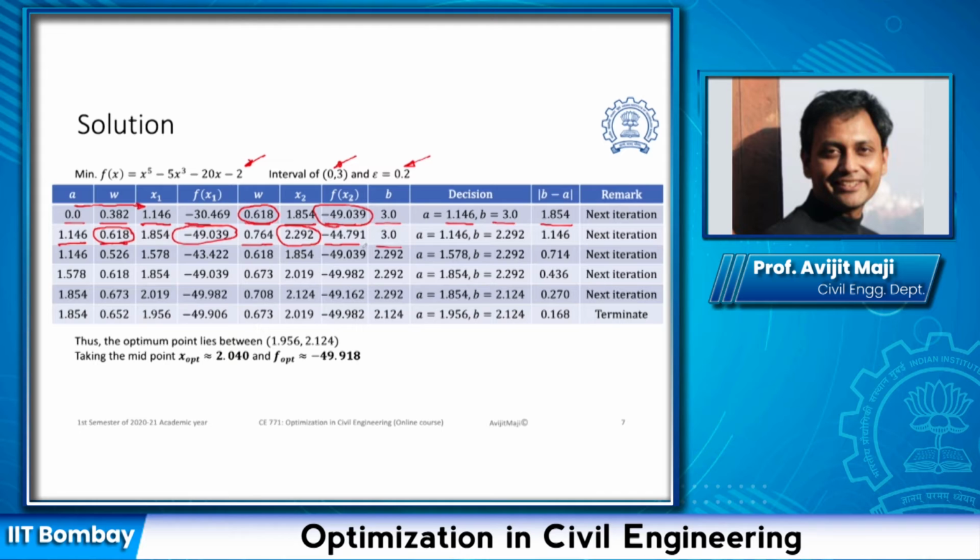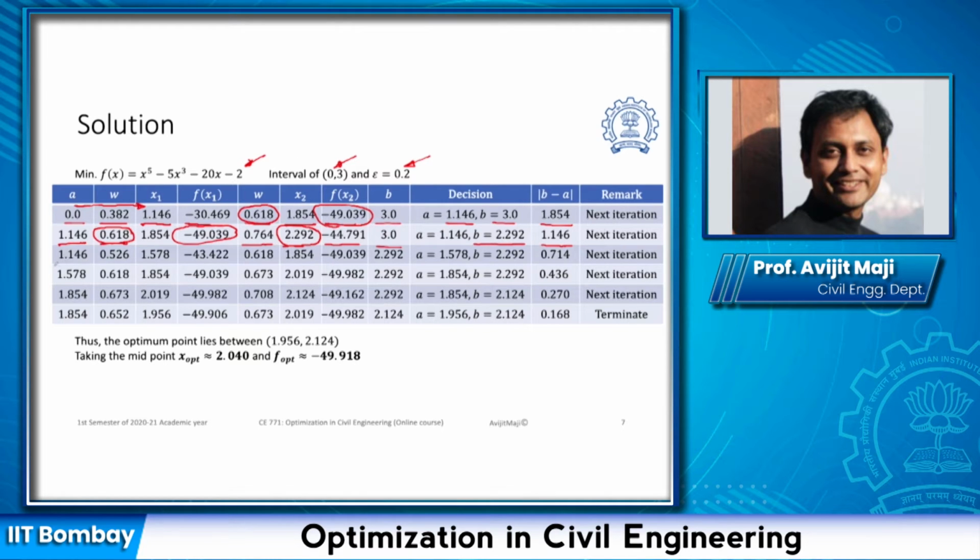Now if we compare the objective function values, it is very clear that the optimum solution is not going to be any point beyond this new point. Hence we are revising the upper boundary as 2.292, and again, once we find out the length of the boundary with the revised one, we can see that it is 1.146, which is still higher than the precision we want to achieve, and hence we need to move to the next iteration.